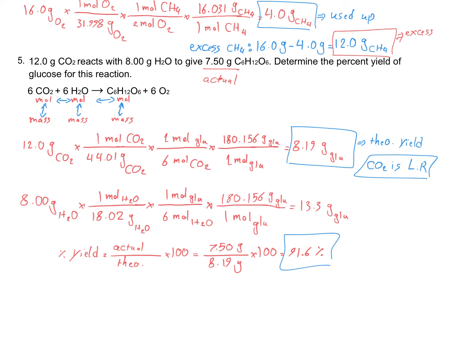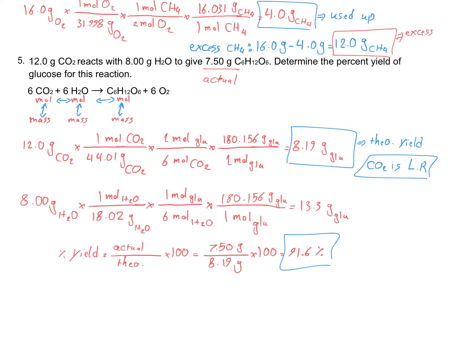In order to find the percent yield, we need actual yield and theoretical yield. So when the question is giving you the mass of product which is obtained, it's basically the actual yield. That's the actual amount that they obtained from this reaction. Theoretical yield is the one that you calculated with stoichiometry, okay?